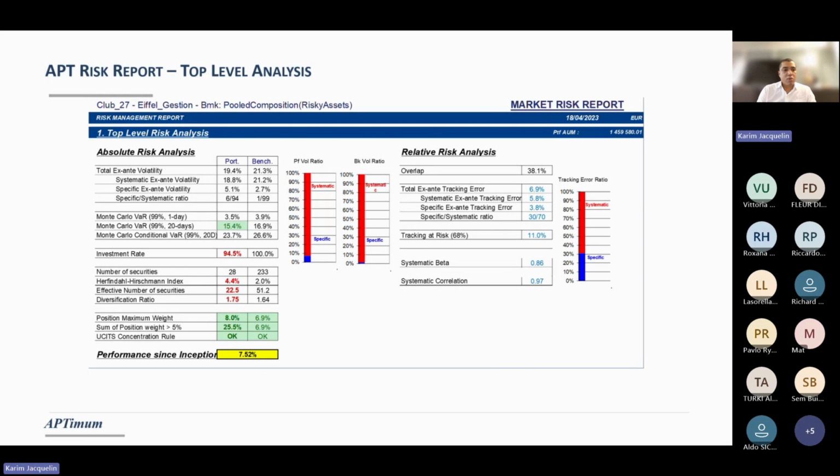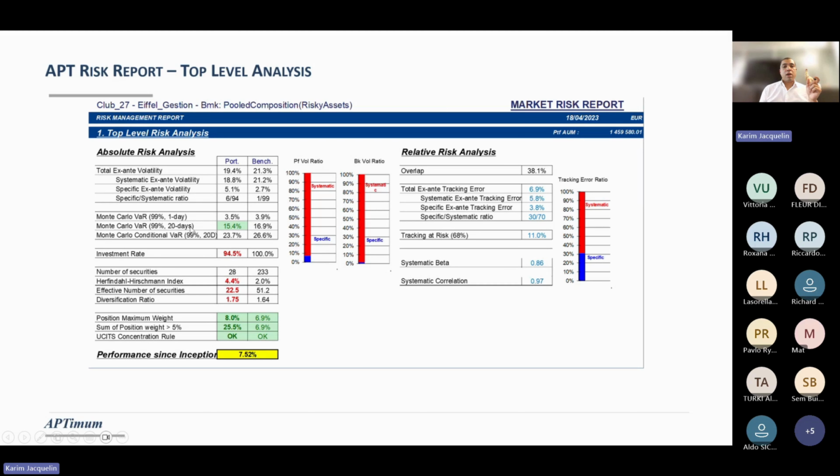Value at risk is the maximum loss for a given confidence and a defined horizon. So in this case, we have a value at risk 99% 1 day, which is 3.5%. So this means that in 1% of the cases, you will lose more than 3.5% over 1 day.